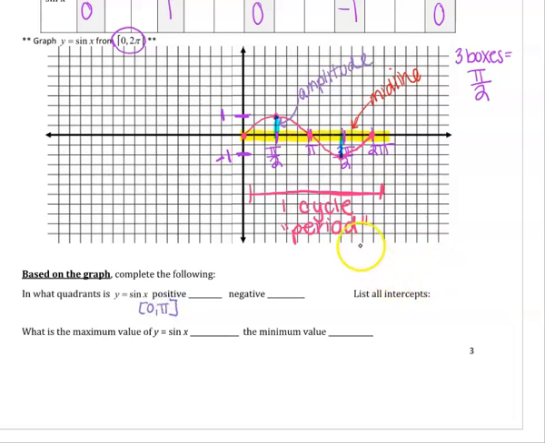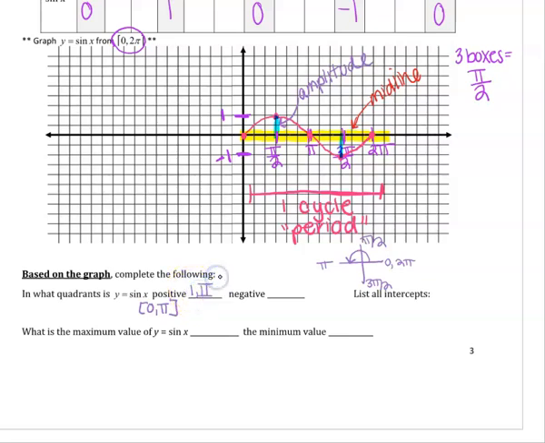Okay, now let's think about that from a quadrant perspective. Again, this is 0, this is pi over 2, this is pi, this is 3 pi over 2, this is 2 pi. Okay, 0 to pi is right here, which is quadrants 1 and 2.